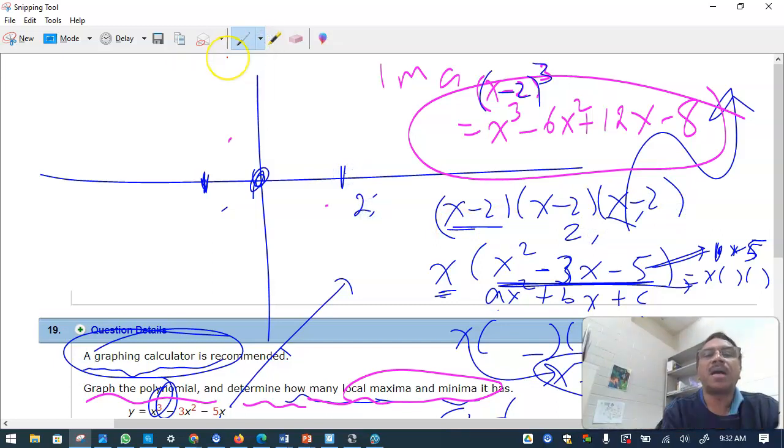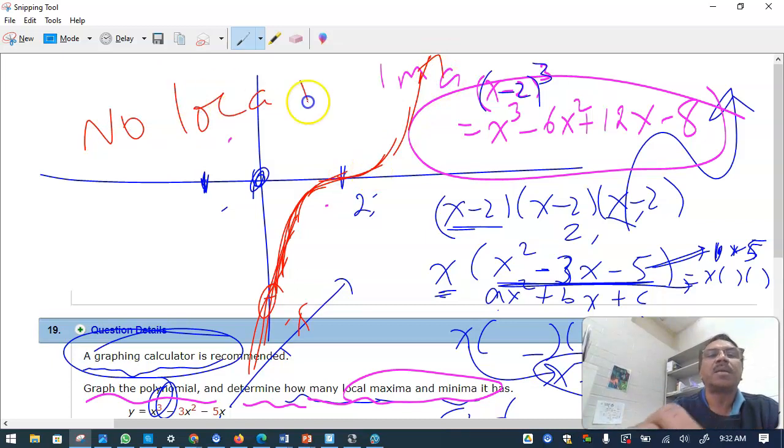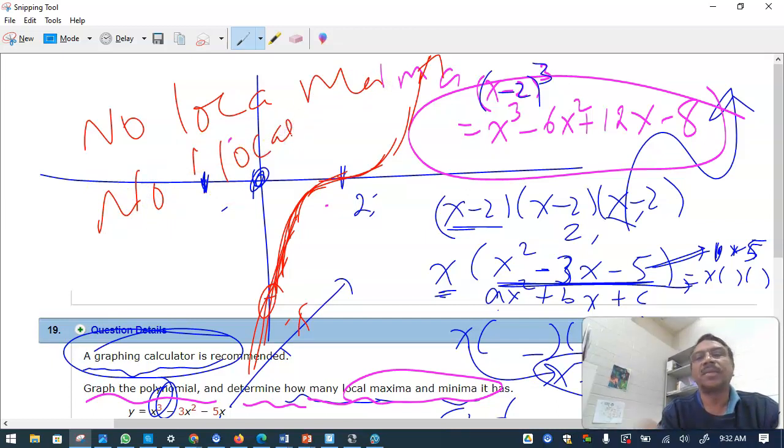That means the graph will be something like this. It crosses minus 8 because of the y-intercept, and flattens here because there is a 3, and goes like so. There is no local maximum and no local minimum. So this is how it tricks.